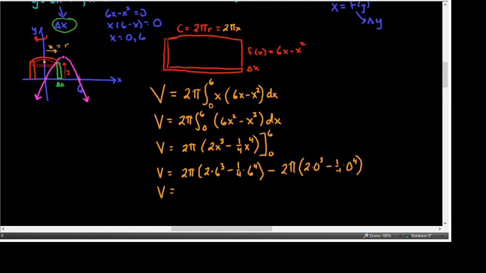And then do the arithmetic, and you should get 216 pi when you complete this. Okay? So that is the cylindrical shell method.